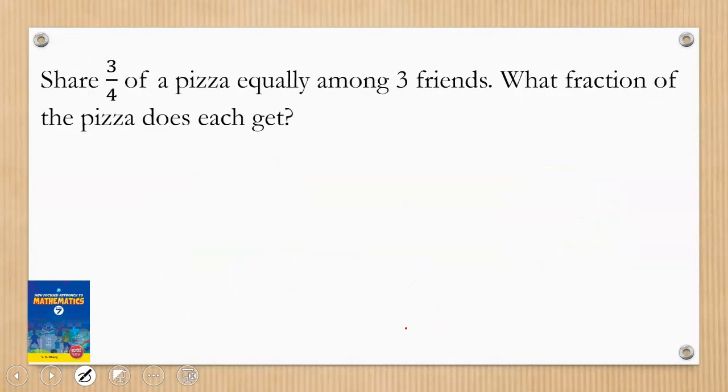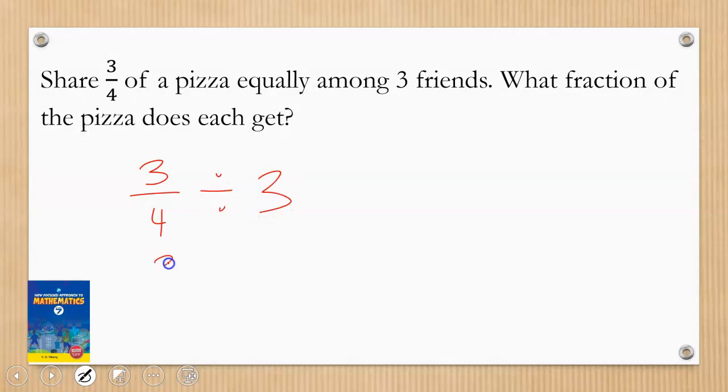Good. Let's see another example. Share 3/4 of a pizza equally among 3 friends. What fraction of the pizza does each get? We want to share 3/4 by 3 people.